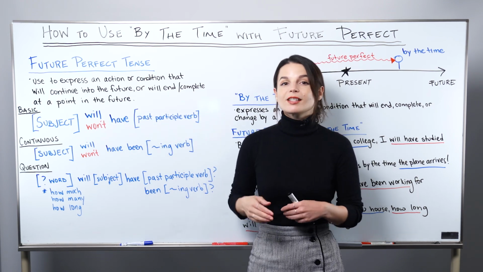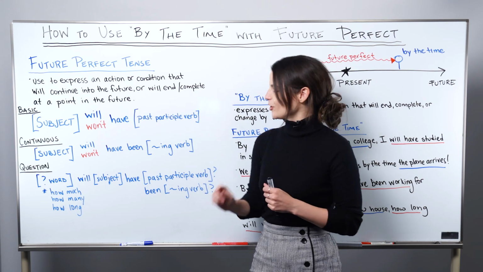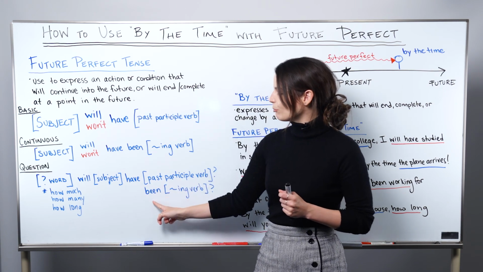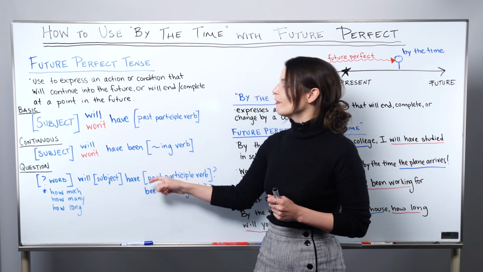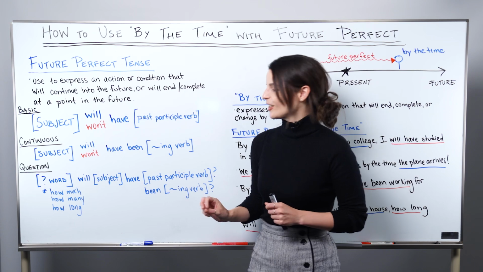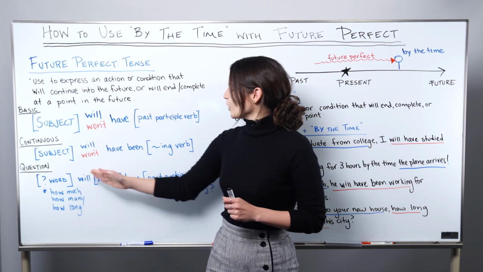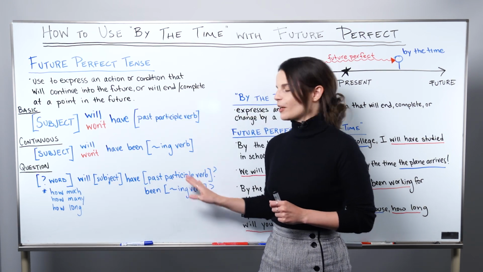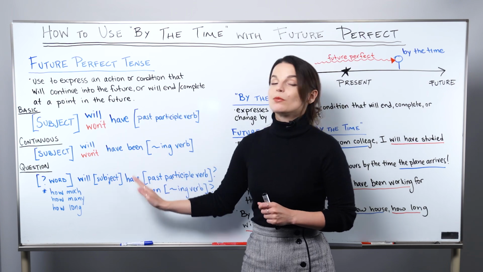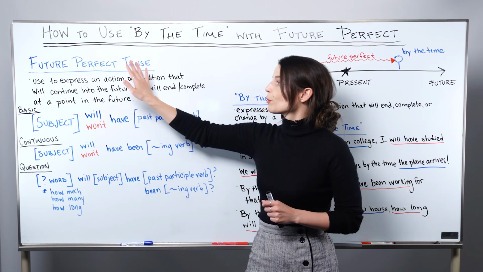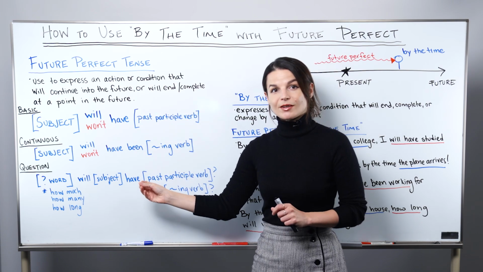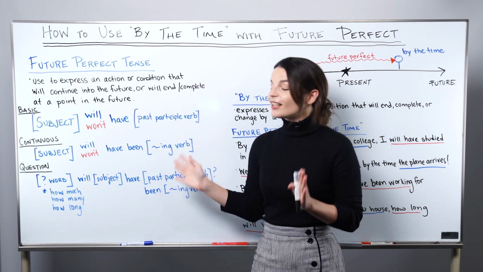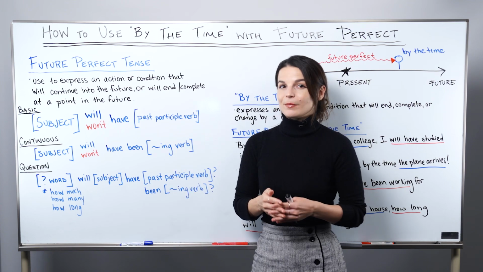Or if we want to make a continuous question, we end it with have been verb ing. So, how long will he have been something something ing? Or how much will she have something something? So, we can use this pattern to make questions with future perfect tense. We're going to see some examples of these later used together with the by the time expression.